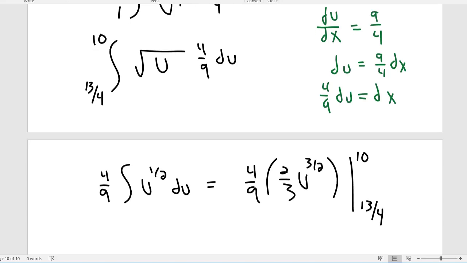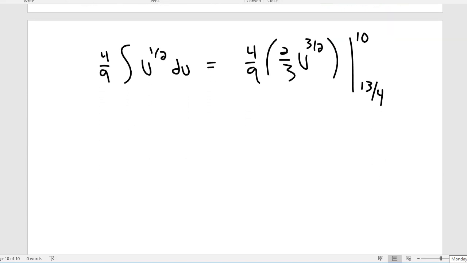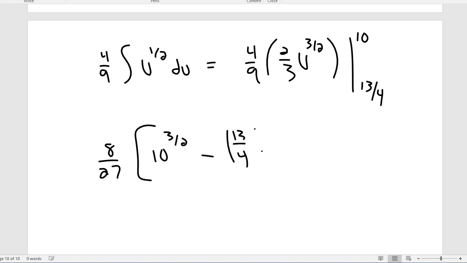So there would be my antiderivative. And then I could do a little bit of simplification here: 2 times 4 is 8, 3 times 9 is 27. So I got 8/27, and then I have 10 to the 3/2 minus 13/4 to the 3/2.